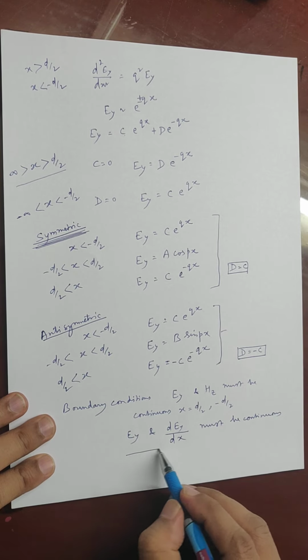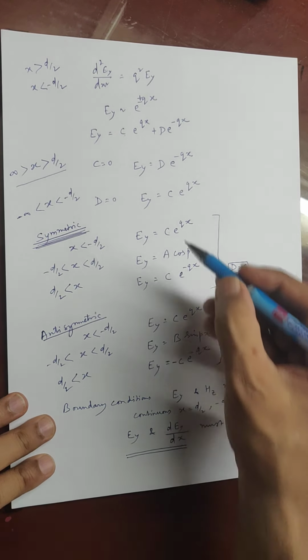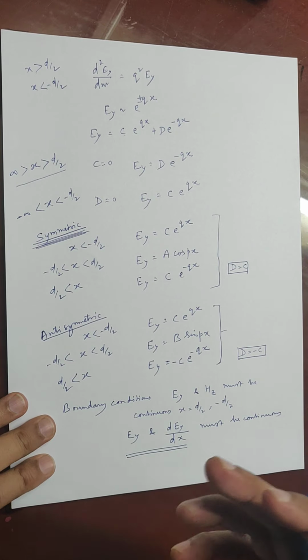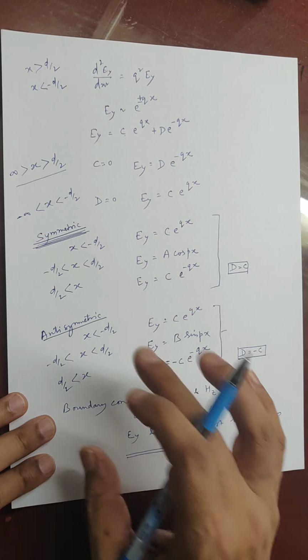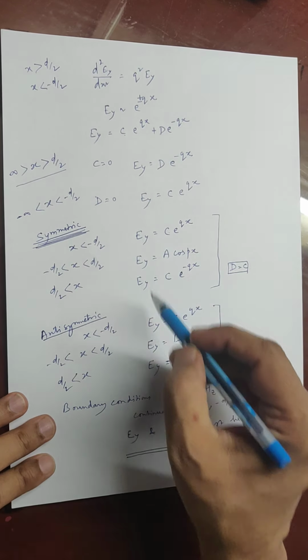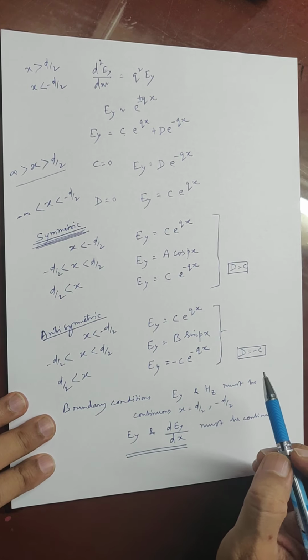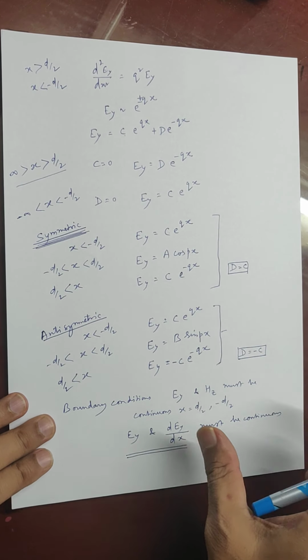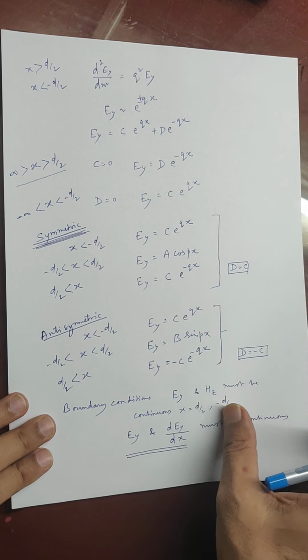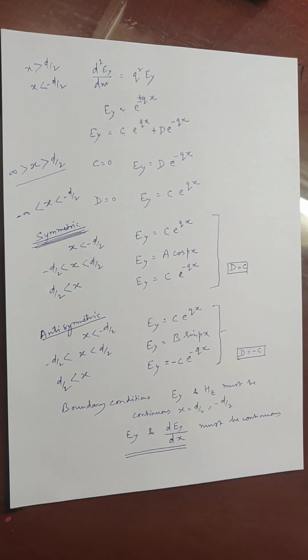Okay, so let us impose this so that we can get the values of A, B, C also, and then we'll have the complete knowledge of the solution of EY. We have already some knowledge about KG, and we will explore that further, but let us solve this.